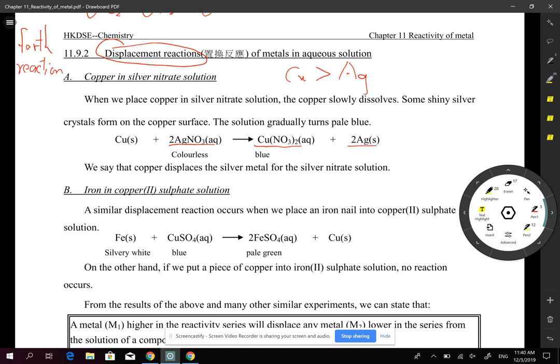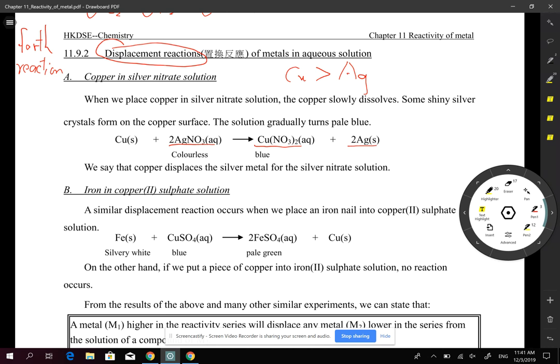Just like the copper displaces the position of silver, this kind of reaction is called a displacement reaction.